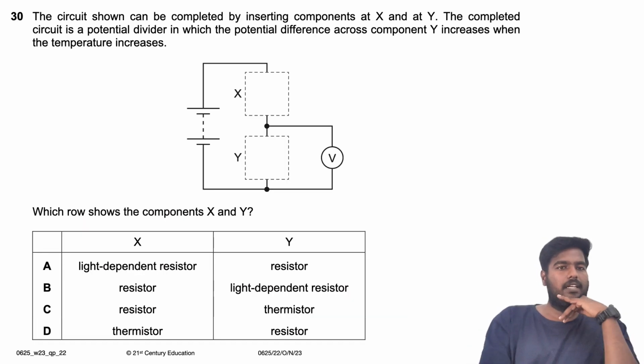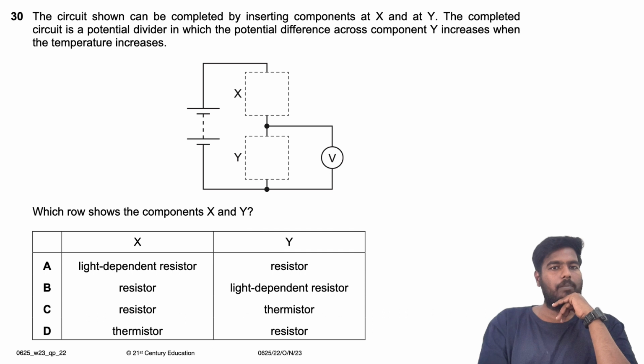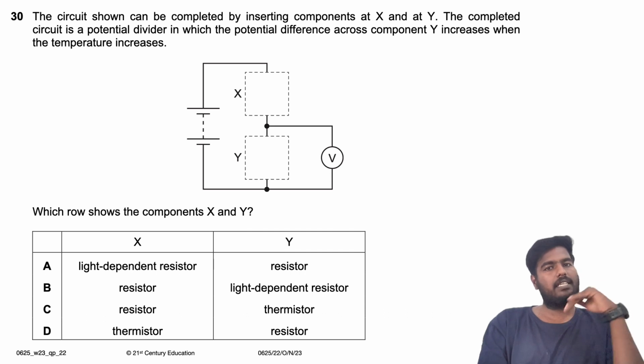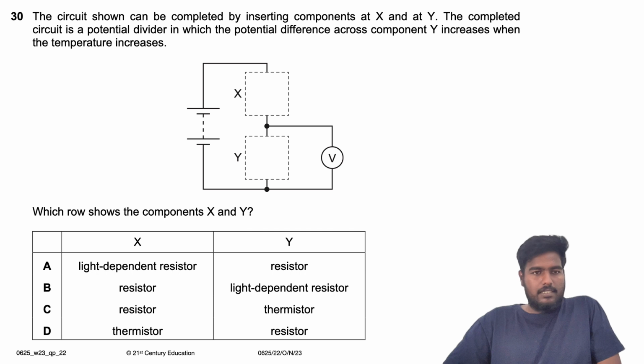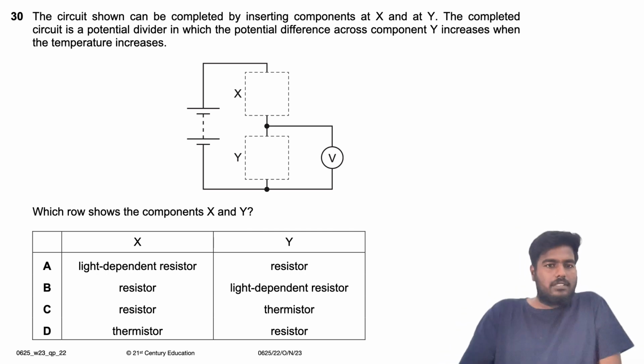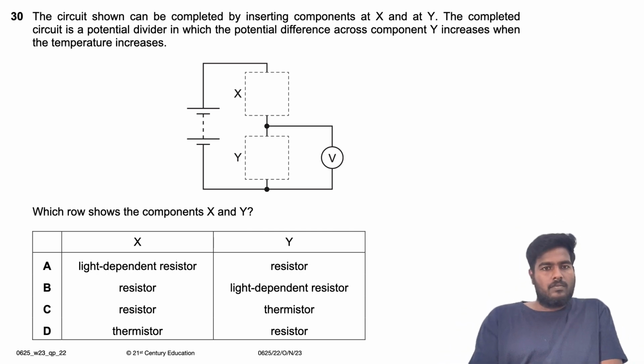The circuit shown can be completed by inserting components at X and Y. The completed circuit is a potential divider in which the potential difference across component Y increases when the temperature increases. Which row shows the components X and Y? Okay, it's a potential divider.